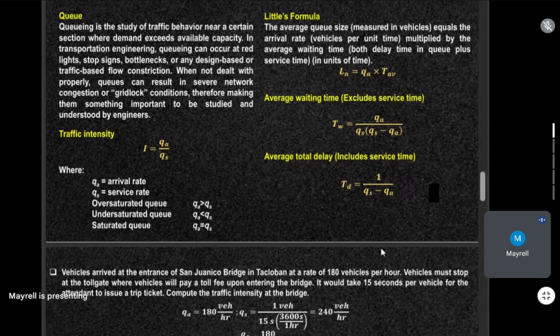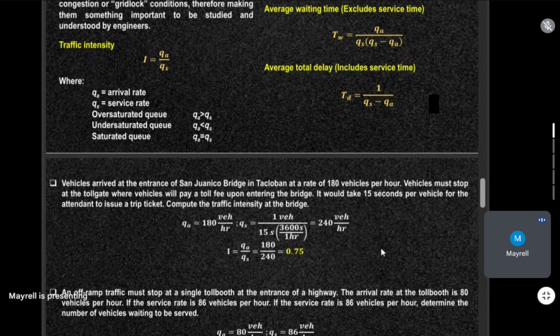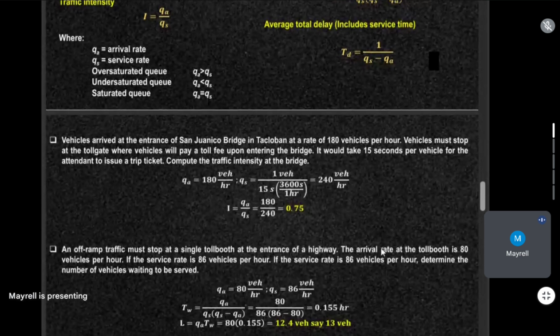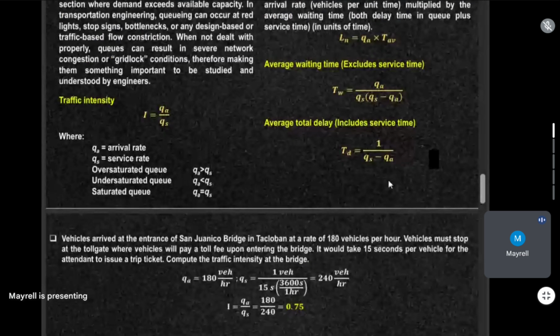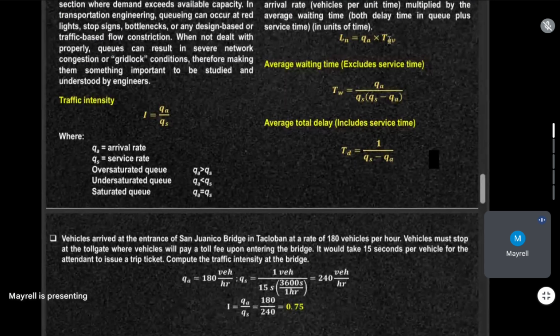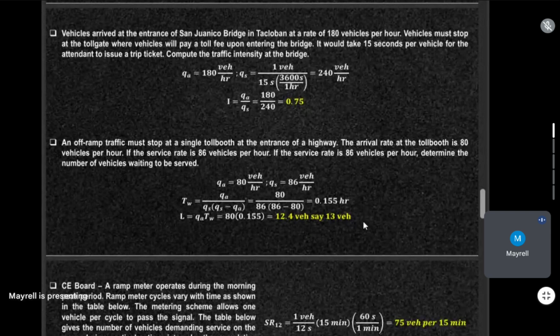Okay, so we have examples here. Wait, wrong symbol. This is TW. I will just edit that. So, examples now.